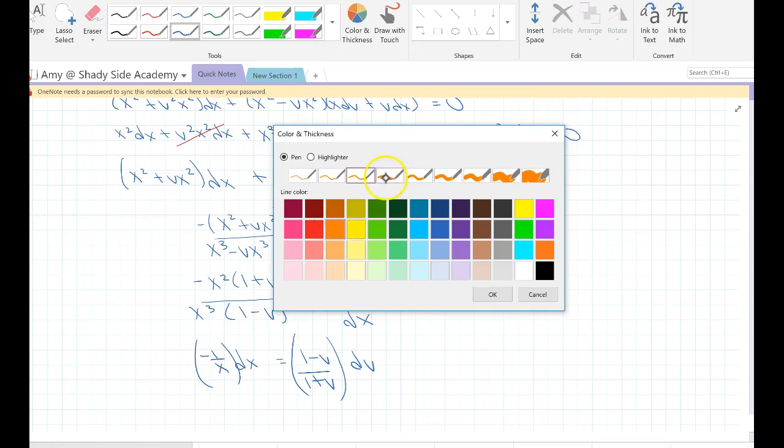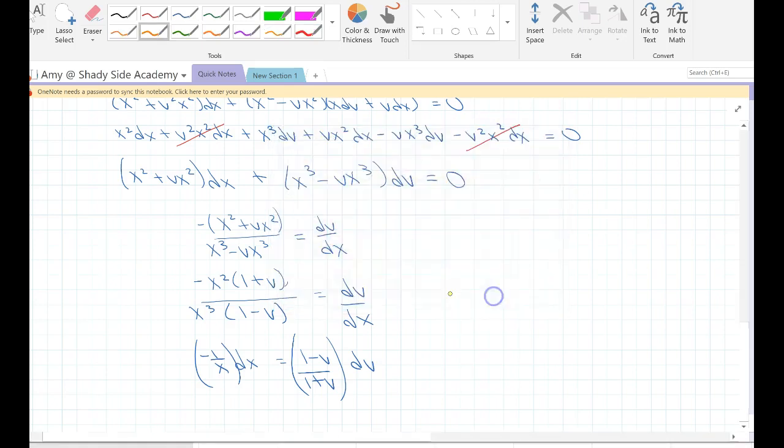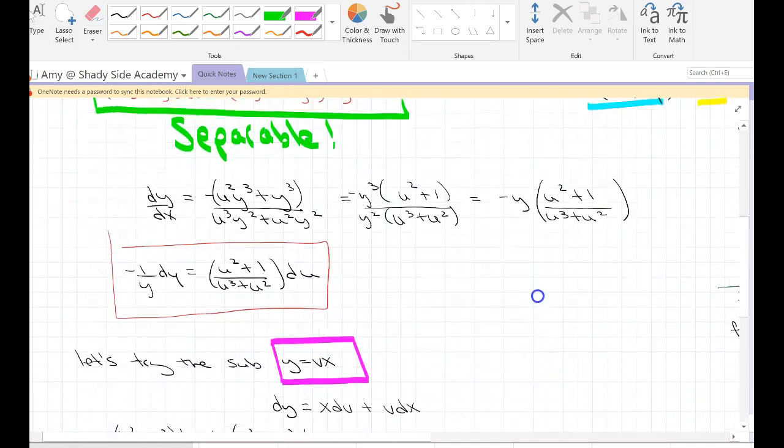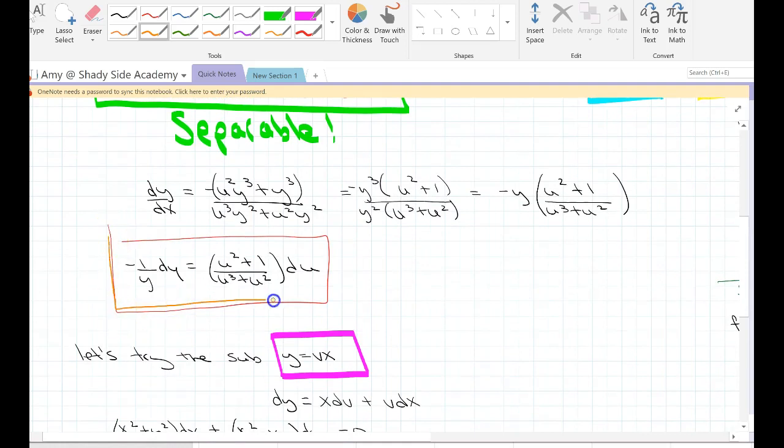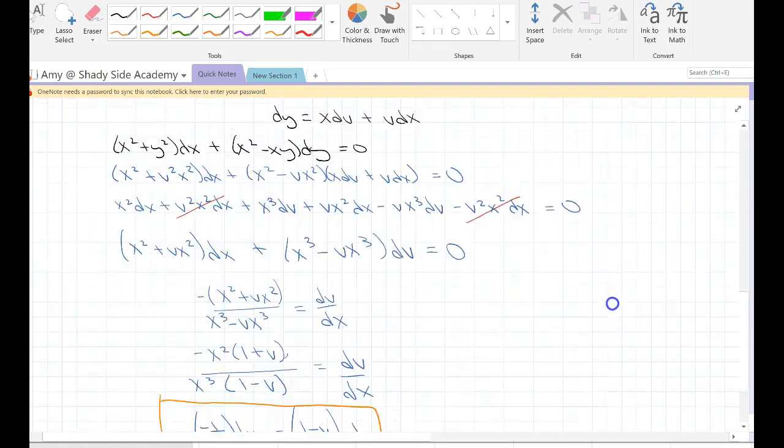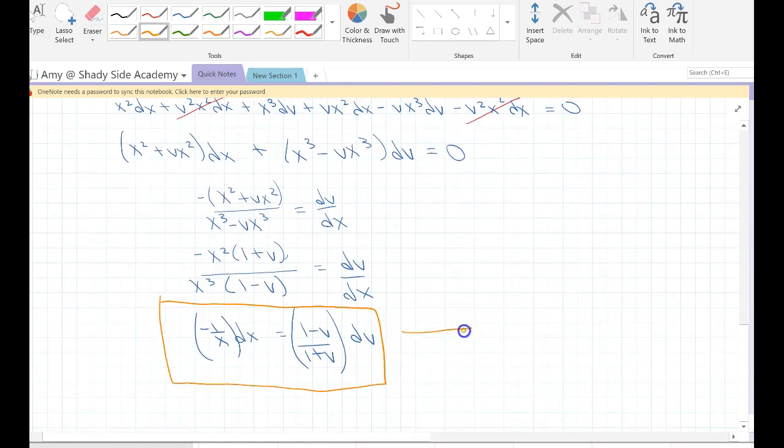Let's take a look at this. This is one diffy-Q. Here was the other one. Which one was simpler? Inarguable. Simpler. So, okay, simpler if I had to go and integrate.